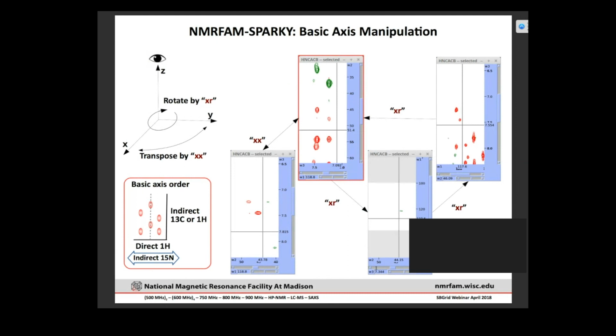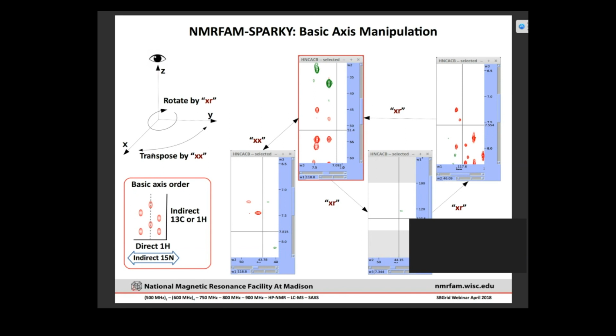So, basic axis manipulations. In protein NMR, we need to handle, in many cases, 3-dimensional data, or sometimes 2-dimensional data, and you will need to transpose axes. There are two axes-related two-letter codes that you will use: one is XX and the other is XR. By typing XX, the dimensions will be transposed.